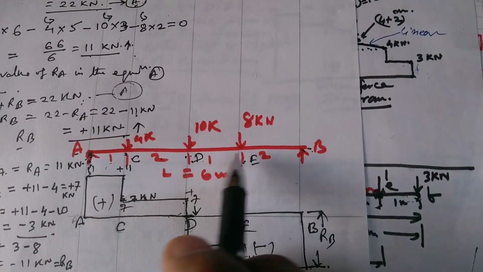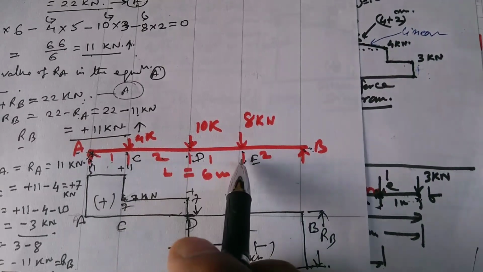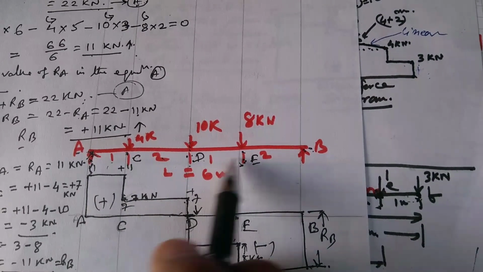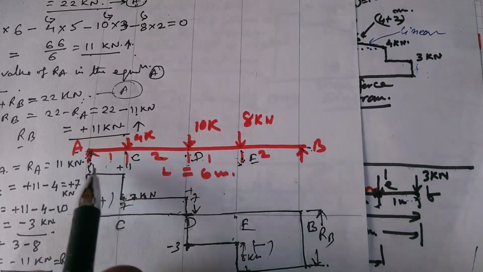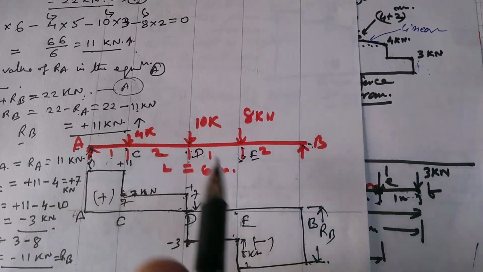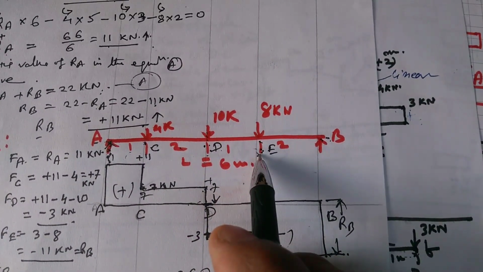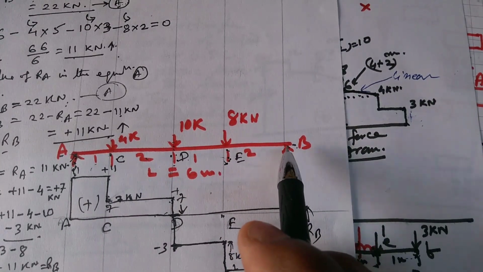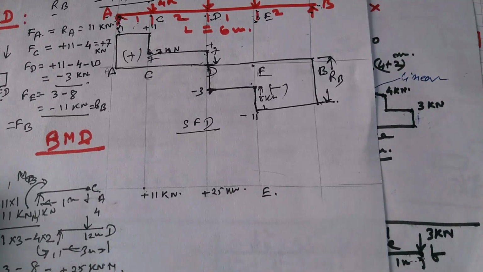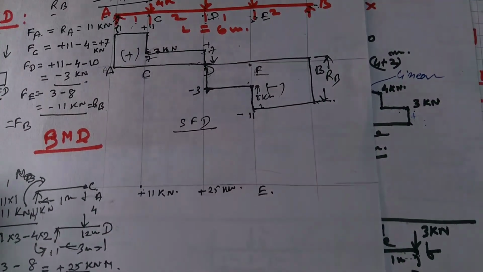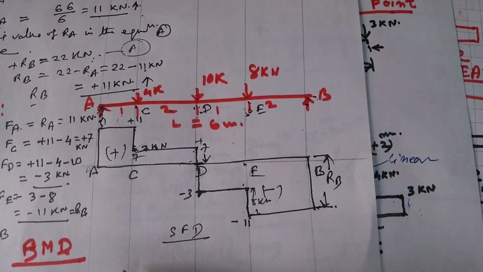Then the bending moment at E will be 10 into minus sign 1, minus 4 into this distance 3, and this will be plus due to clockwise, and add all this and you will get the bending moment at E. And what is the bending moment at B? It will be 0. So just draw your bending moment diagram for this.